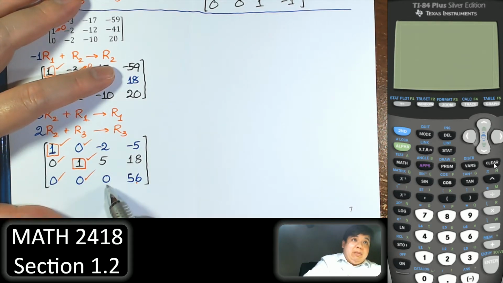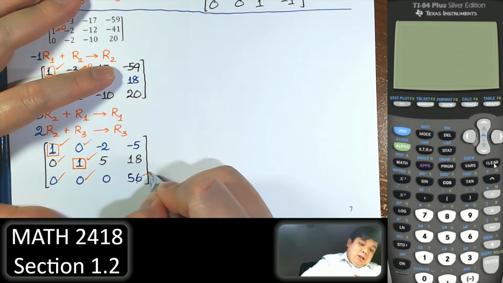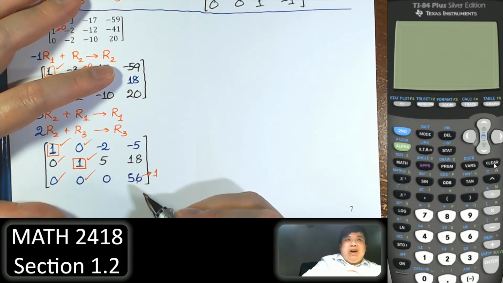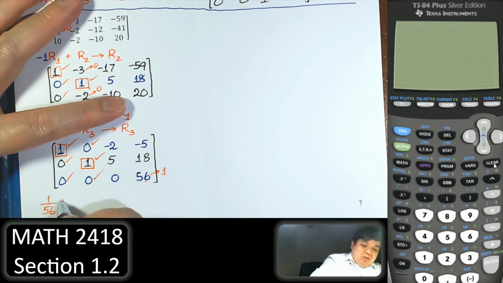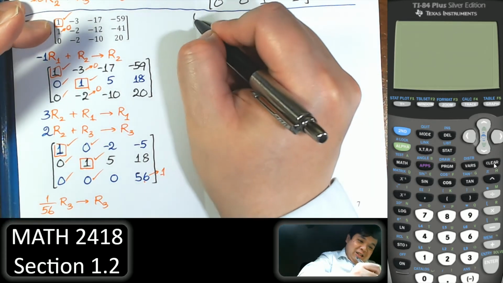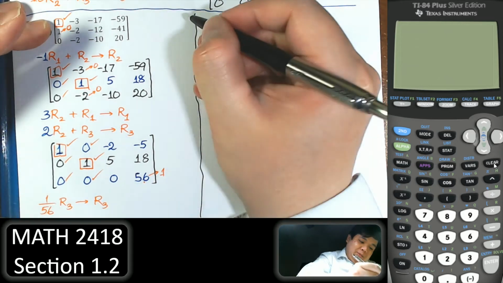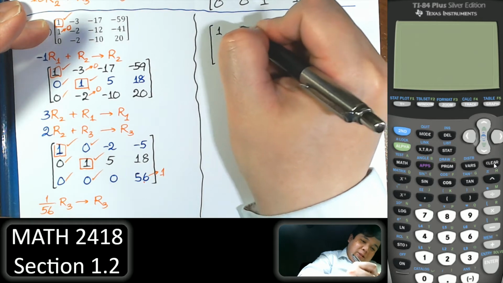There's no way we can make this 1 except to turn this into 1. That's why I said earlier it doesn't matter, because we just multiply row 3 by 1 over 56, and we turn that to 1 easily. Rows 1 and 2 will stay the same.